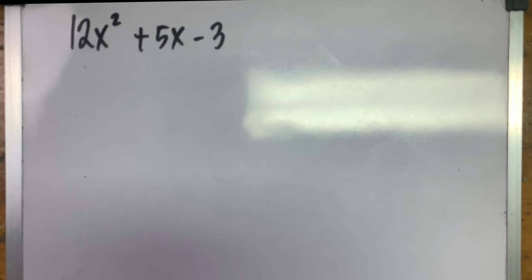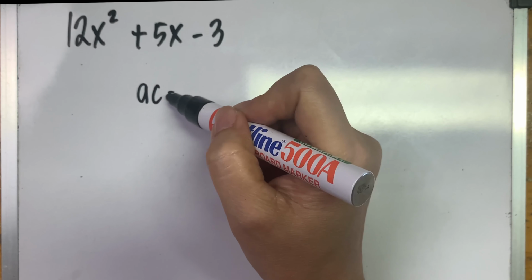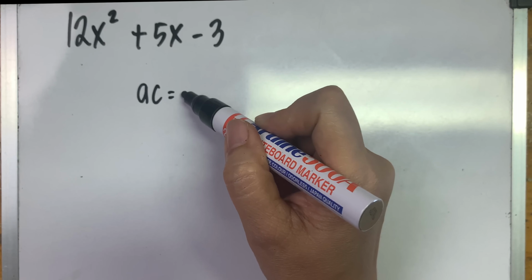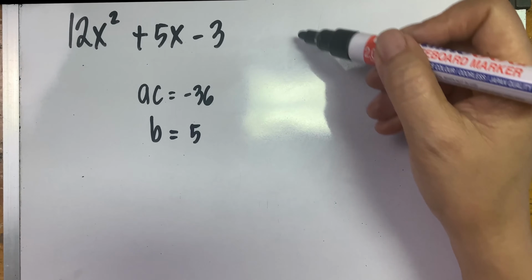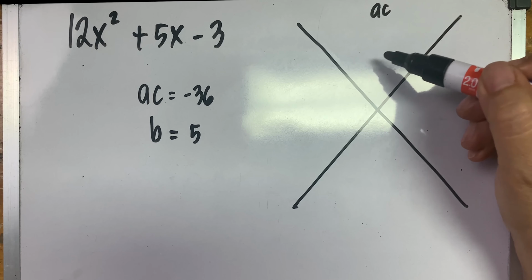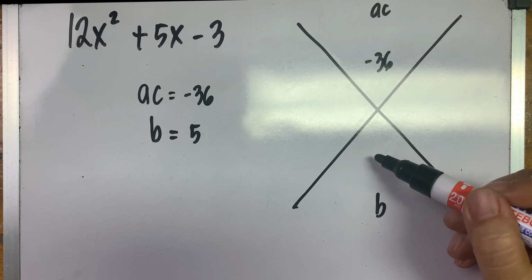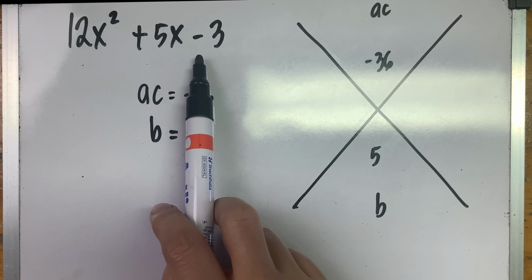Okay, for our last example, we have 12x squared plus 5x minus 3. Again, let's find our product of a and c, which is 12 times negative 3 is negative 36, and our b is positive 5. So using again the x method, we'll write ac here, which is negative 36, and below will be b, which is positive 5. Look at the signs of the last term. It's negative.